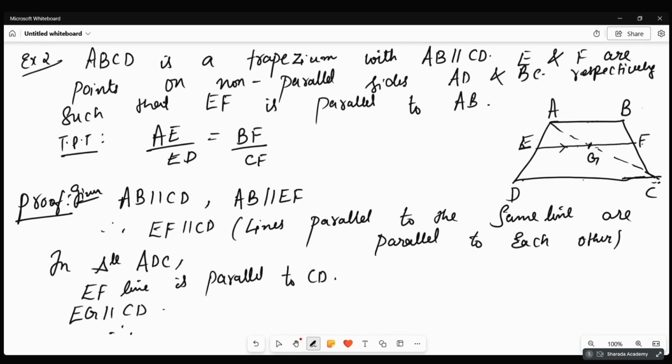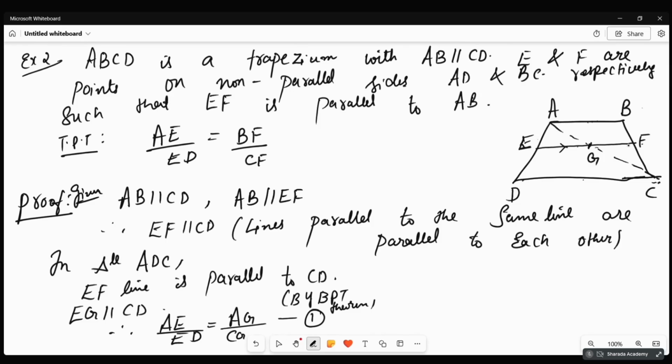Therefore, AE by ED is equal to AG by CG. We will mark this as equation 1. So AE by ED is equal to AG by CG. This is by BPT theorem.